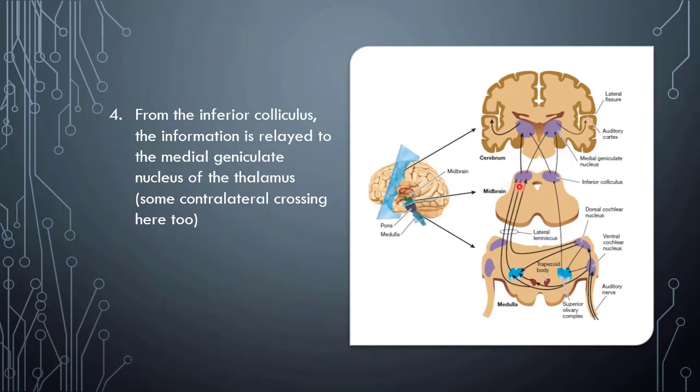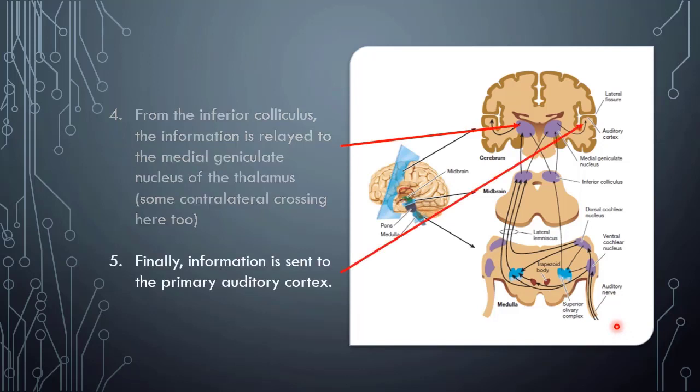But for the most part, they stay on what is already the opposite side from where the ear that heard this sound was, because we're passing through from the auditory nerve, the cochlear nucleus, and so on, all the way up to the medial geniculate nucleus on what is now the opposite side of the brain from where the ear heard the sound.